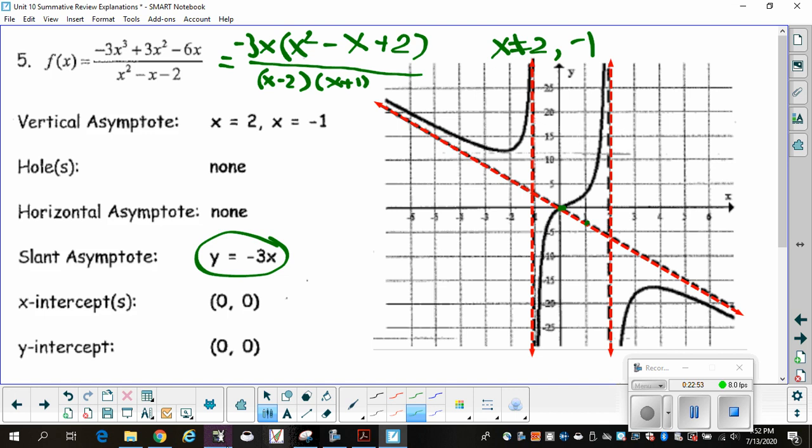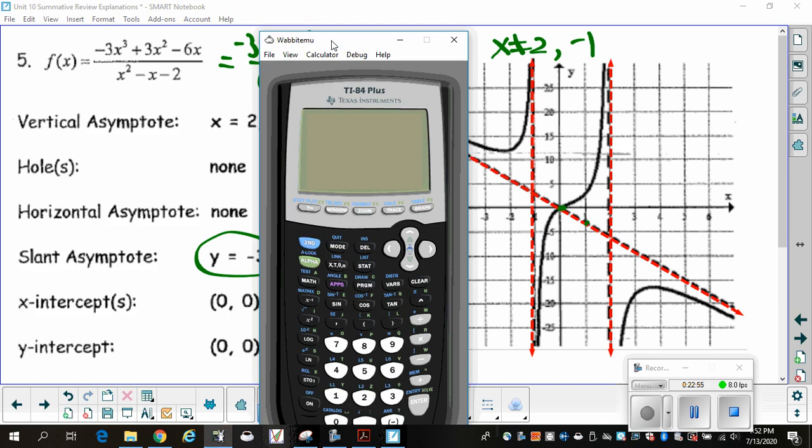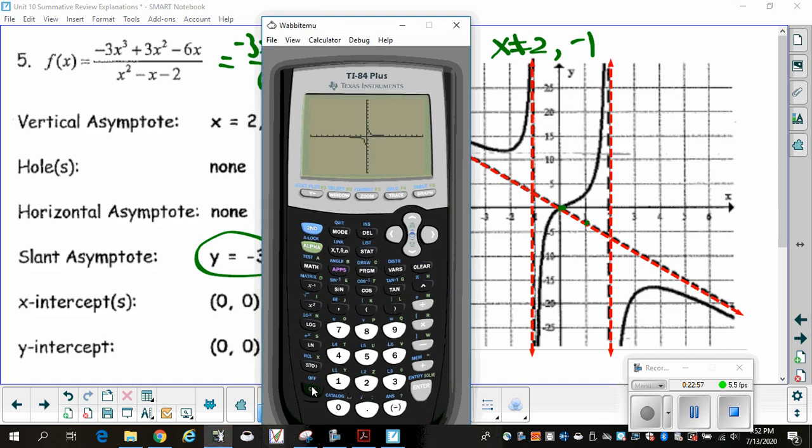Now on this one, the one thing I want to show you, when you graph it on y equals, we're going to clear that.